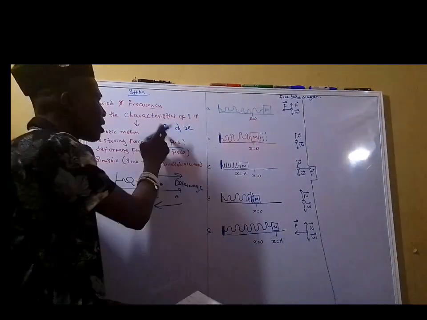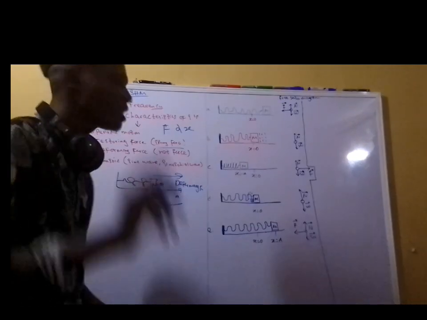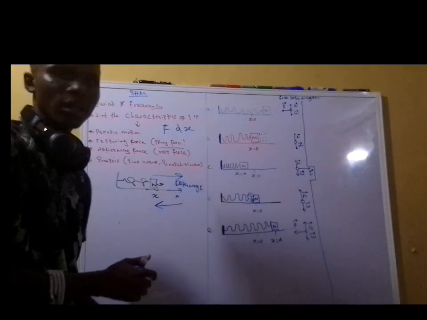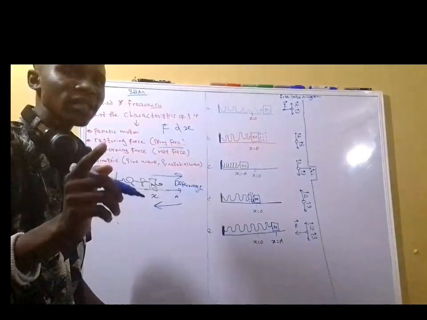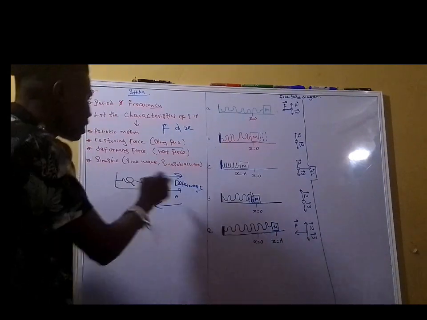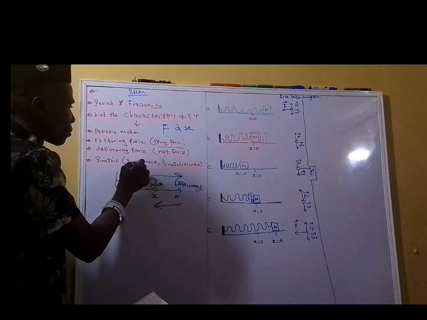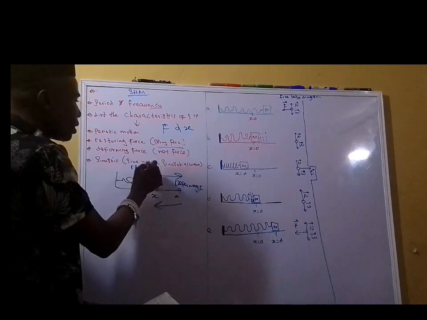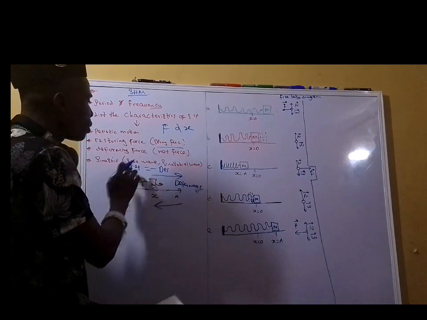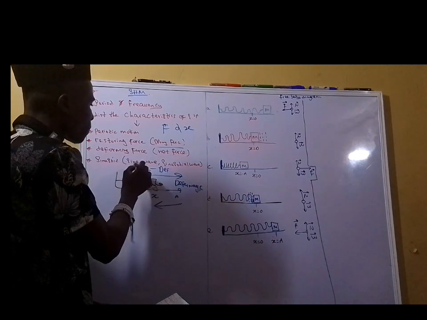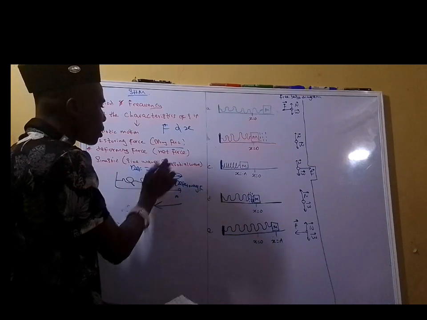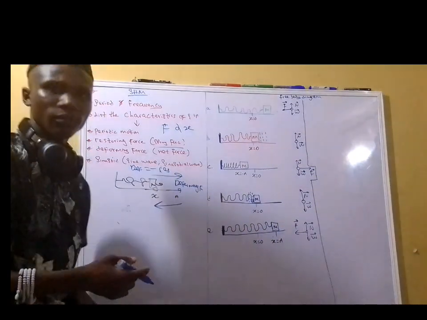Now the force this is talking about is the deforming force that Hooke's law was talking about. And in most cases, you can even say the restoring force is equal to the negative of the deforming force, the deforming force is equal to the negative of the restoring force.